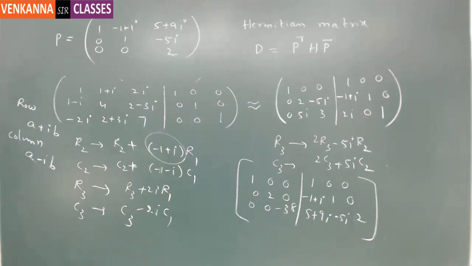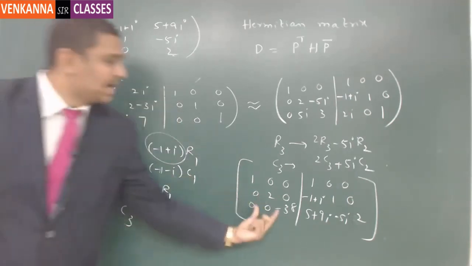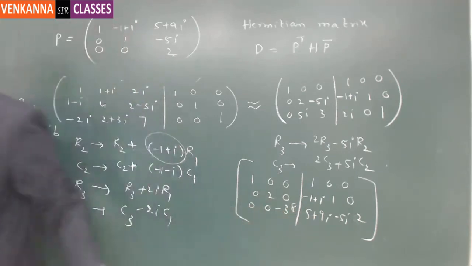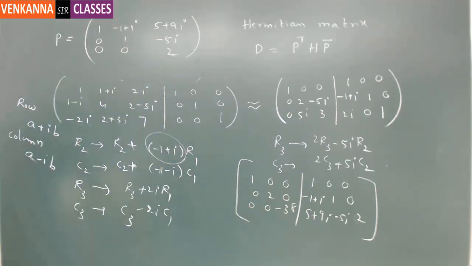If you multiply P transpose H and P bar, taking the conjugates, you will get this diagonal matrix 1 0 0, 0 2 0, 0 0 minus 38. From this you can specify the rank and signature as well. There is no change in the definition. The only difference is that you are applying the complex operations by taking the respective conjugate for the row operation. That's it. Please take note of this.